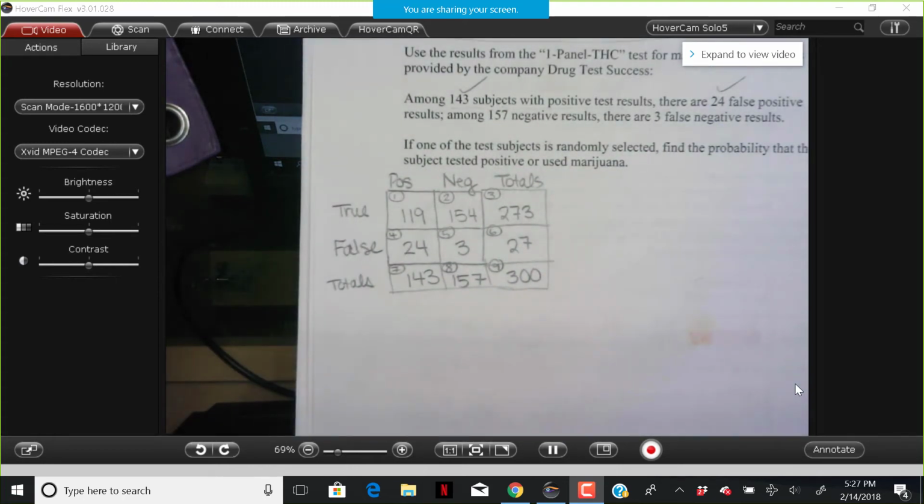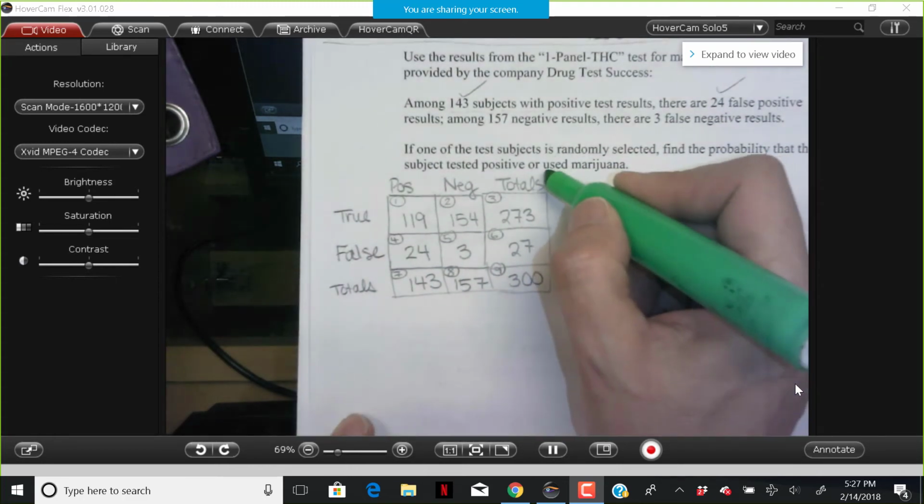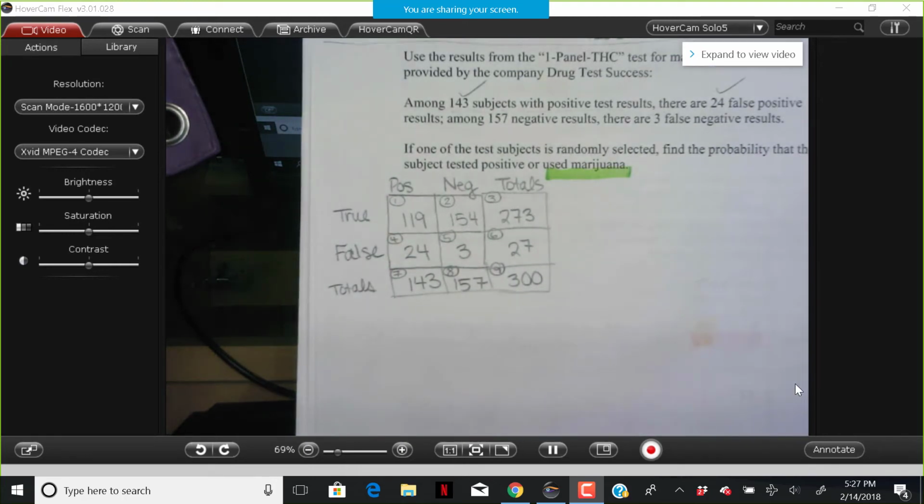We can tell from our table what tested positive is, but I don't have any part of my box that says used marijuana or didn't use marijuana. So would this one be from a person who used marijuana?